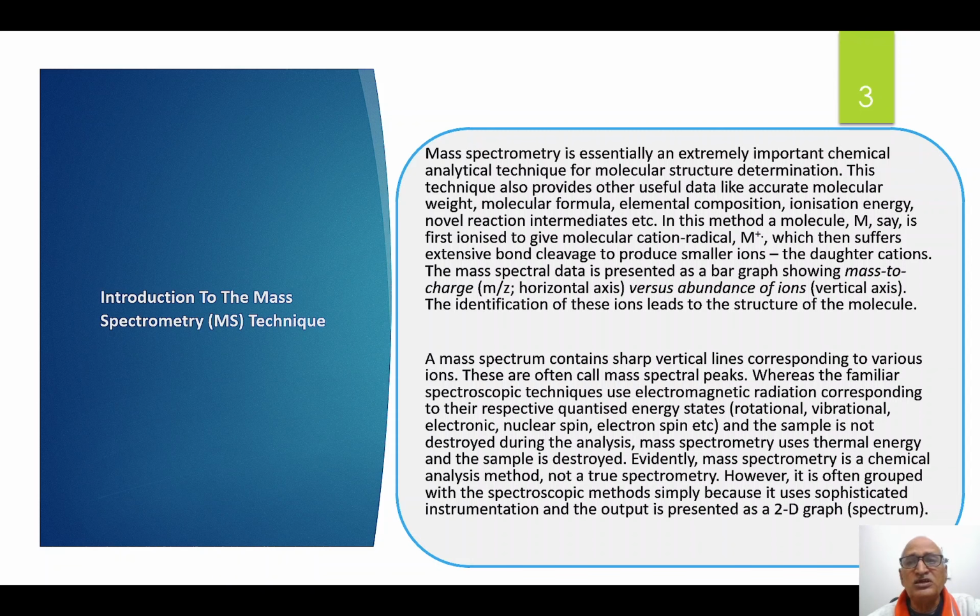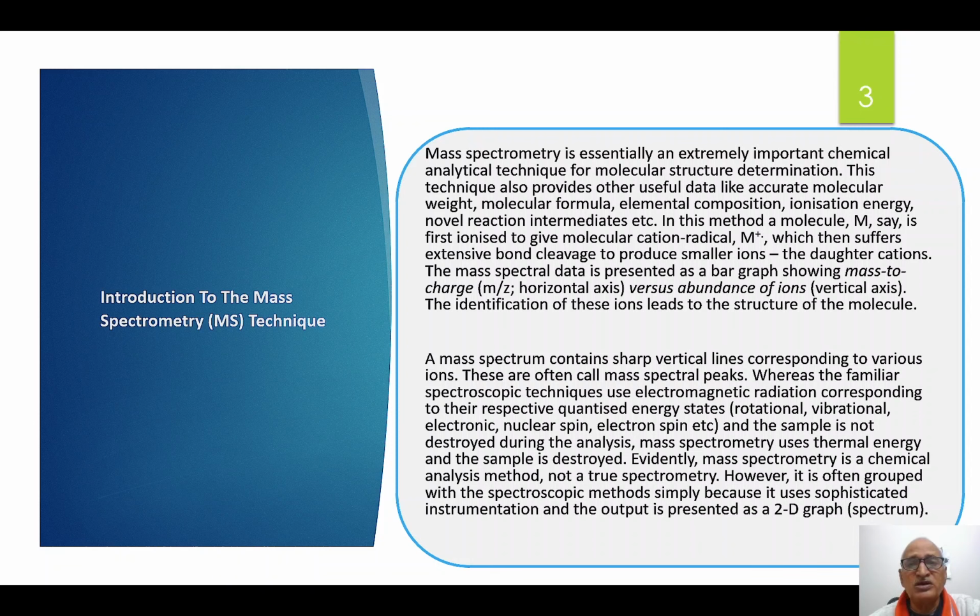Mass spectrometry is essentially an extremely important chemical analytical technique for molecular structure determination. This technique also provides other useful data like accurate molecular weight, molecular formula, elemental composition, ionization energy of molecules, novel reaction intermediates, etc. In this method, a molecule, say M, is first ionized to give molecular cation radical, which then suffers extensive bond cleavage to produce smaller ions known as the daughter cations.